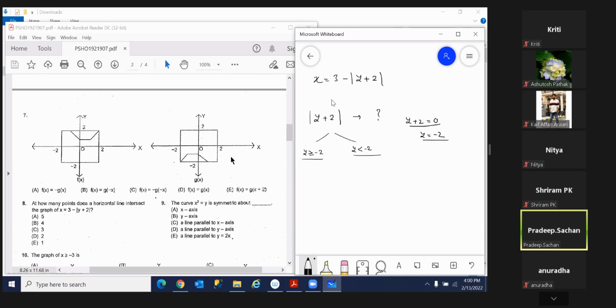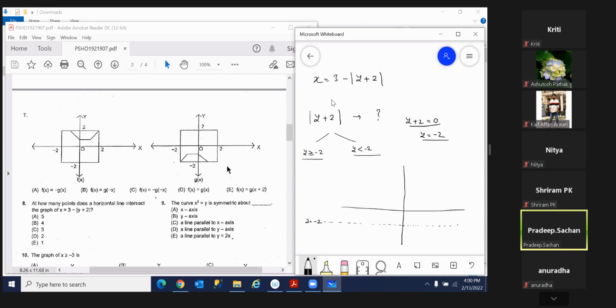So in the upside, you have to draw one graph, and in the downside, another graph. If y is greater than or equal to minus 2, the inside value will be positive, and mod will not do anything, and my function will become this. And if y is less than minus 2, mod will put one more minus sign, and my function will become this. So if you solve, here it will become x plus y is equal to 1, and here it will become x minus y is equal to 5.